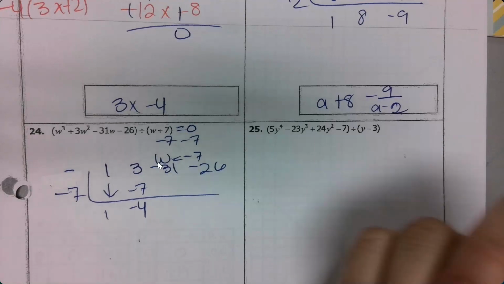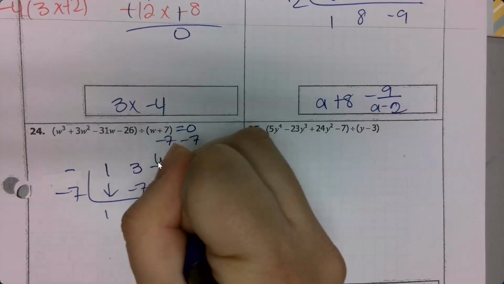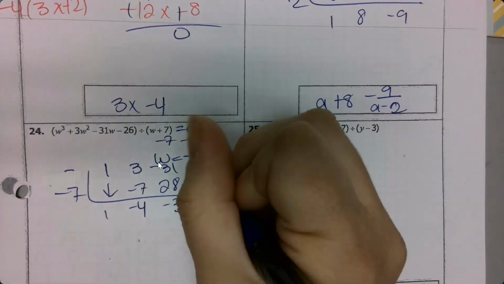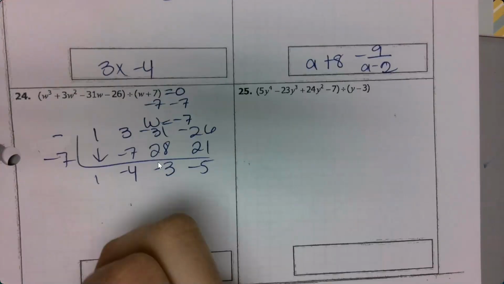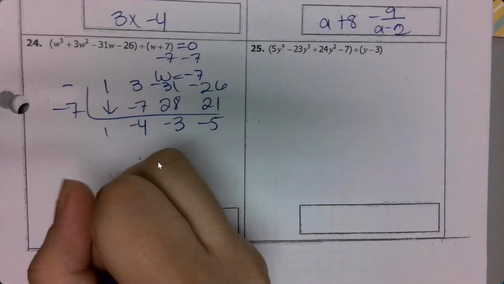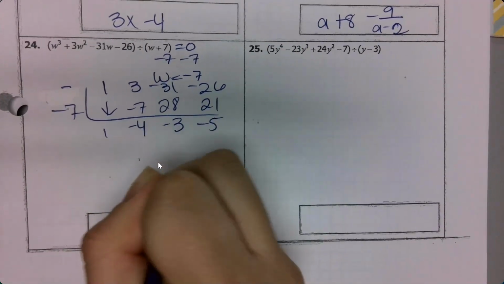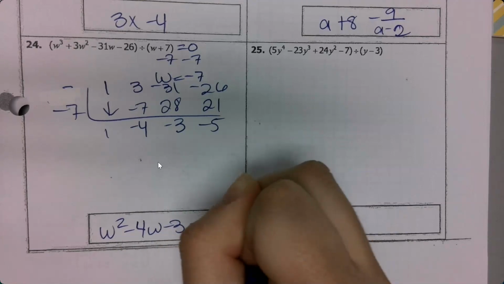Negative 7 times negative 4 is 28. Negative 31 plus 28 is negative 3. Negative 7 times negative 3 is positive 21, which gives me a negative 5. Plug back in my variable 1 degree lower. So instead of cubed, I'm going to have squared. So this is going to be w squared minus 4w minus 3, and then minus 5 over w plus 7.